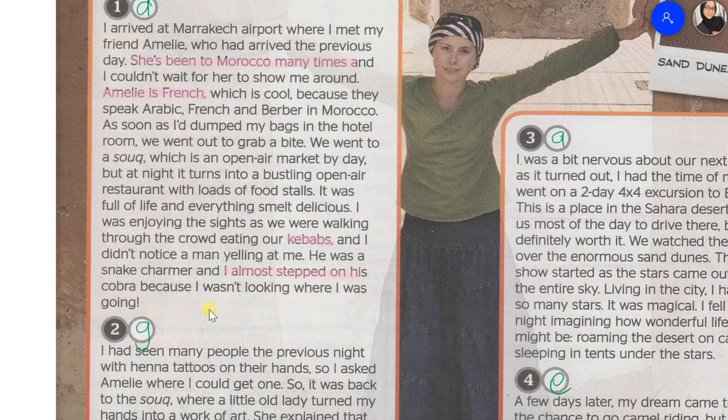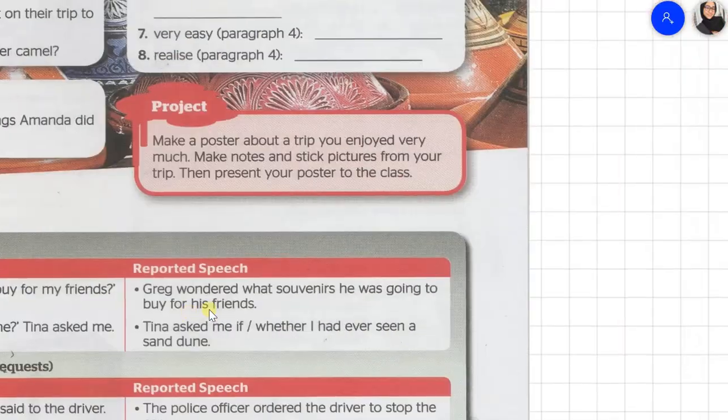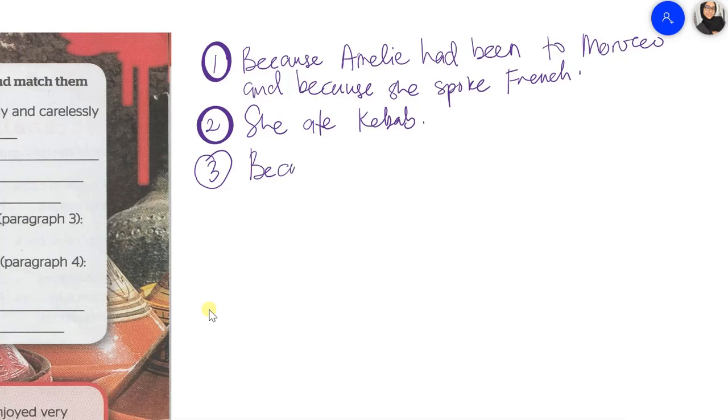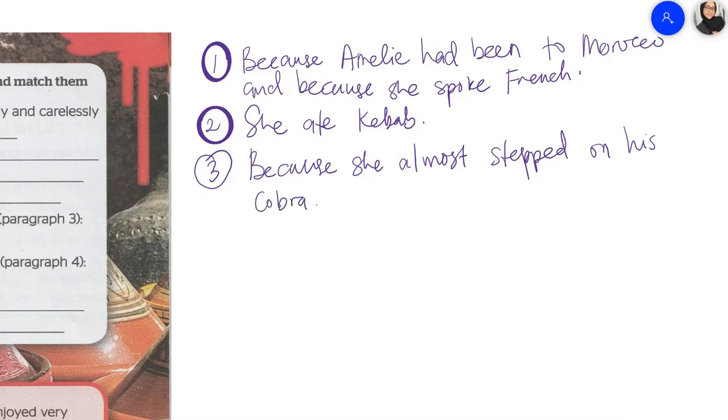She almost stepped on his cobra. Cobra is a big snake. Okay, number 4.